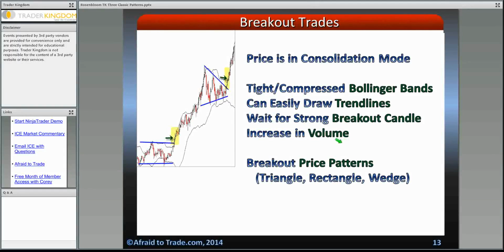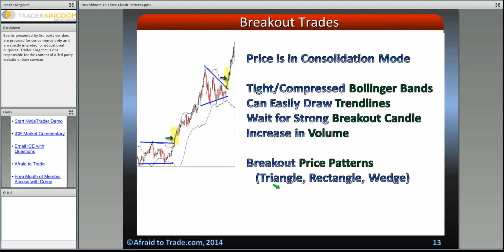So that's one way to sidestep a potential trap: look for what's called a volume filter. The same works for flags too. When you're entering a position into a breakout scenario, triangle, rectangle, Bollinger Band, whatever the case is, look for volume to spike visually. You can easily see it.